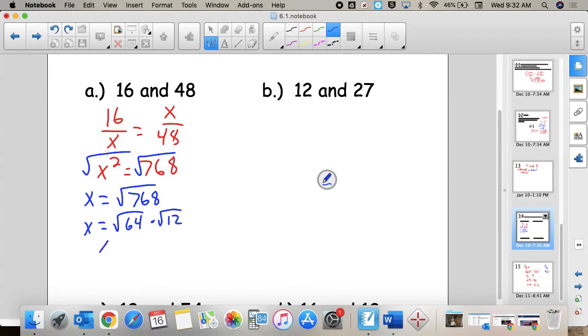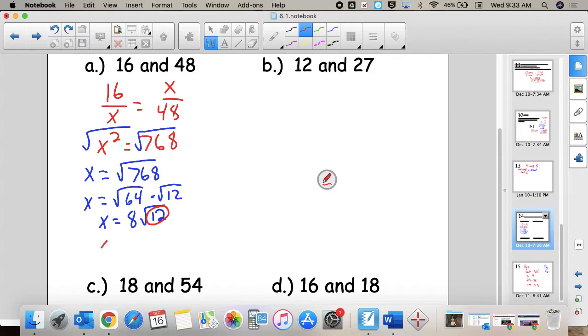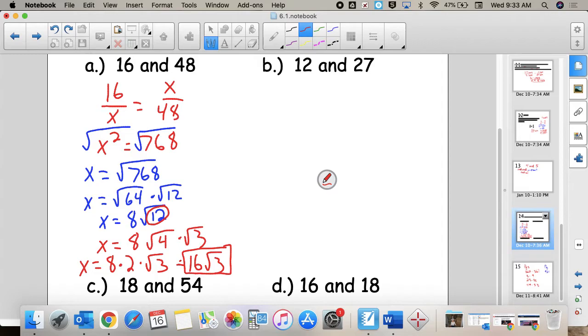The square root of 64 is 8. So we have x equals 8 square roots of 12. Now, 12 in itself can still be reduced. A perfect square that goes into 12 is 4, and it's 4 times 3. The square root of 4 is 2. So we have x equals 8 times 2 times the square root of 3. And 8 times 2 is 16. So my answer is 16 times the square root of 3.